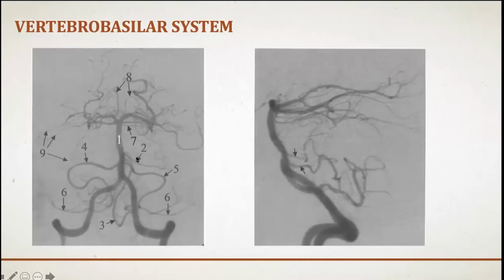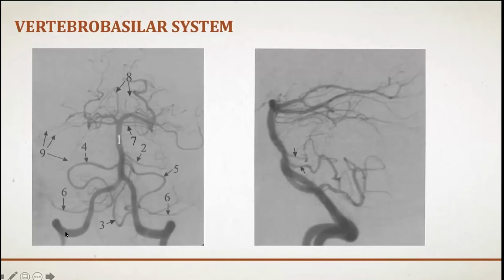It's an ICA PICA sort of variant here. Number four is the right ICA. Number five is the left. Number six is the hemispheric branches of the PICA. Number seven is the superior cerebellar artery here. Number eight are the superior vermian branches of the SCA. And number nine are the hemispheric SCA branches.